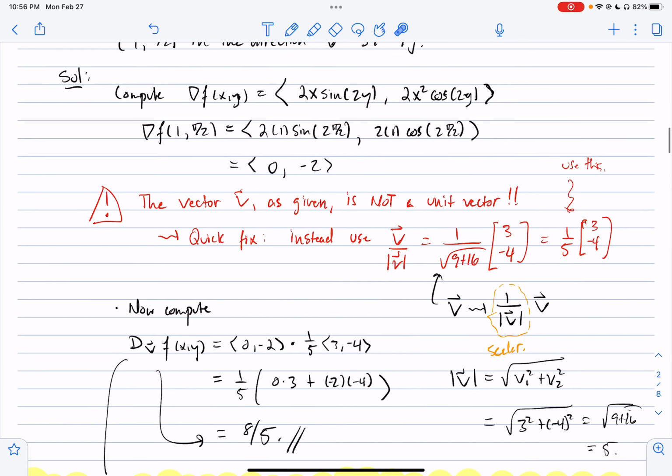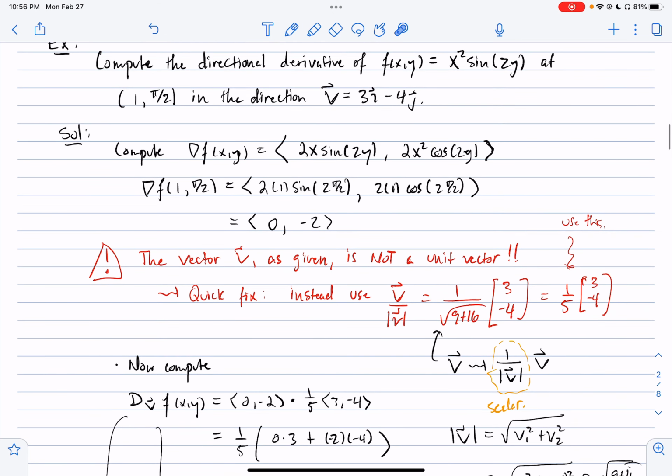If I rescale v so that it's a unit vector, the way to do that is you take the vector v and you divide by the length of v. So the length of v is the square root of its first component squared plus its second component squared. So if we divide by the length, that's 1 over the square root of 9 plus 16. And then here's the original vector v.